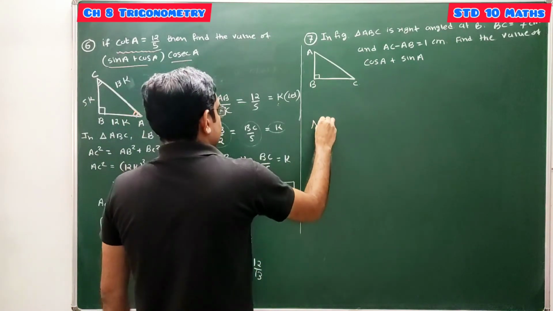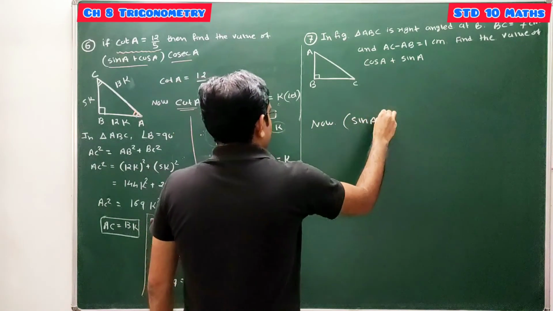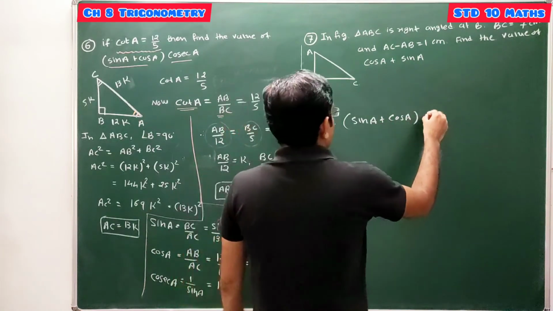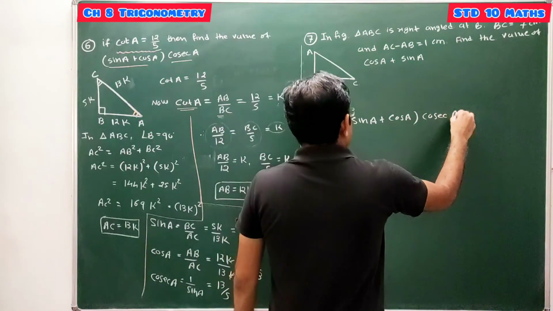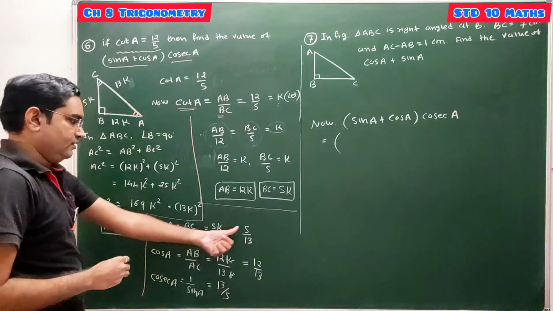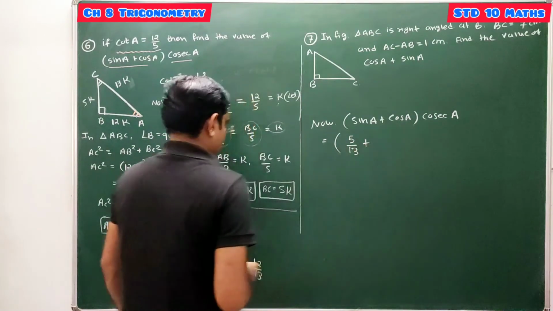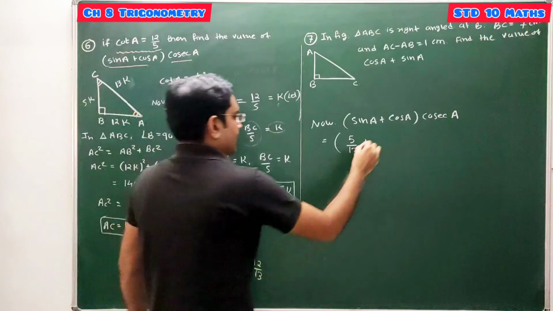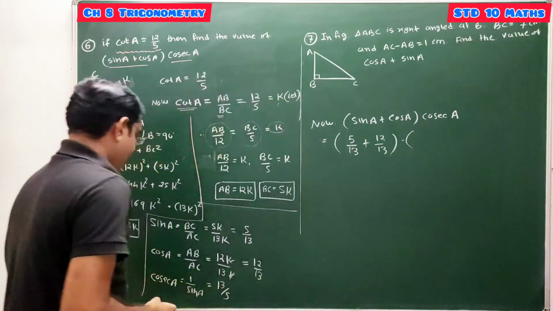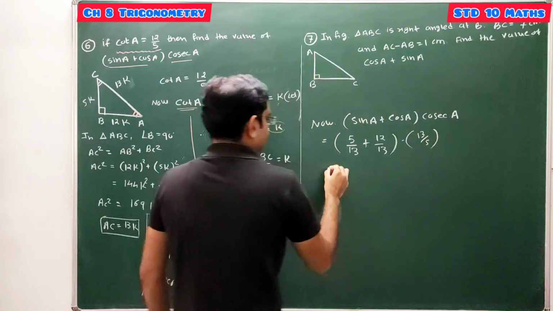So now the question is find the value of sin A plus cos A into cosec A. So this one is sin A plus cos A. Sin A is 5 by 13 plus cos A. Cos A is 12 by 13, into cosec A. Cosec A is 13 by 5.